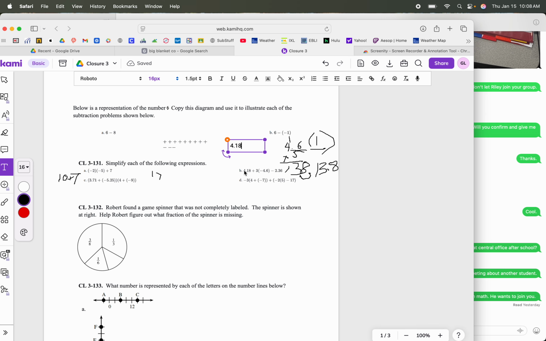You see where this is at? To that, we're adding, and we figured out that was 13 and 8/10. And from there, we have to subtract 2 and 3600ths.